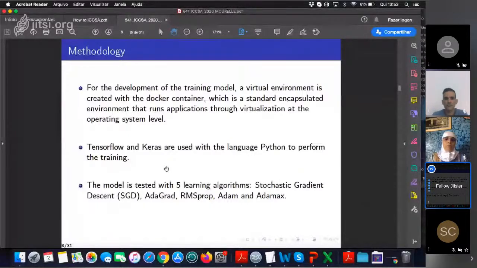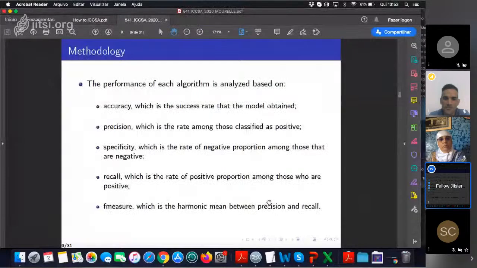And the model is tested with 5 learning algorithms: stochastic gradient descent, usually addressed as SGD, AdaGrad, RMSProp, Adam, and Adamax. So these are 5 learning algorithms that we are experimenting with in this CNN, in this work. The performance of each algorithm is analyzed based on accuracy, precision, specificity, recall, and F-measure.